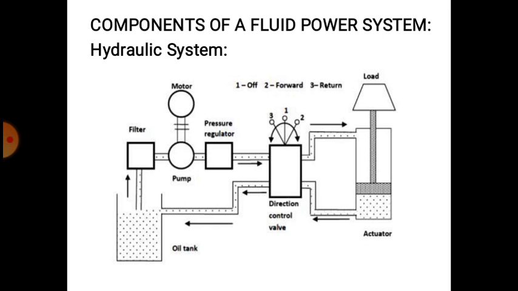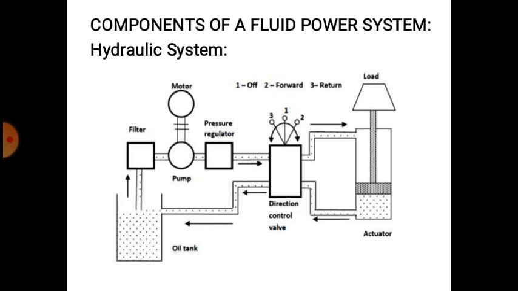The different components which are used in hydraulic systems are a reservoir to store the oil, a filter to filter the oil, and next a pump. To run the pump we require an electric motor, so the electric motor is coupled to the pump. When you start the electric motor, the pump starts to suck the oil from the reservoir and it is delivered to the system.